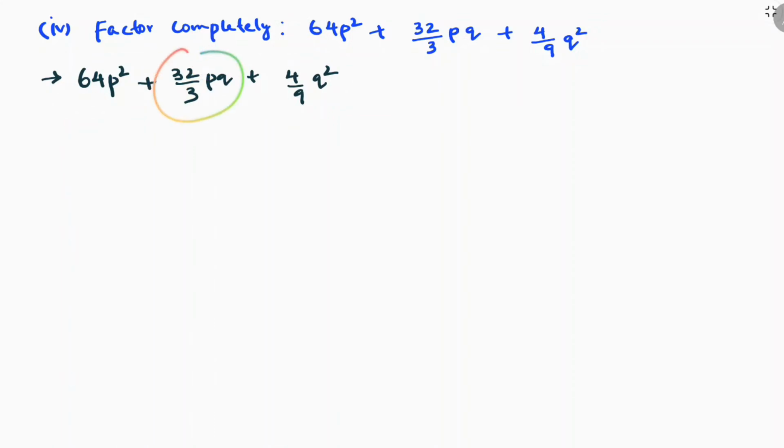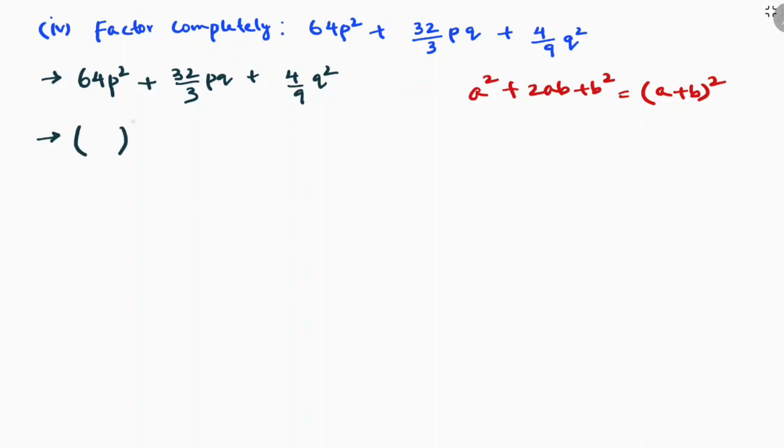So we need to check for 2ab. Directly we can use the identity if it fits: a square plus 2ab plus b square, then we can write directly (a plus b) whole square. So here I'll first write the empty a square plus 2ab plus b square. Here a is nothing but 8p, b is nothing but 2 by 3 q. So this is a and this is b.